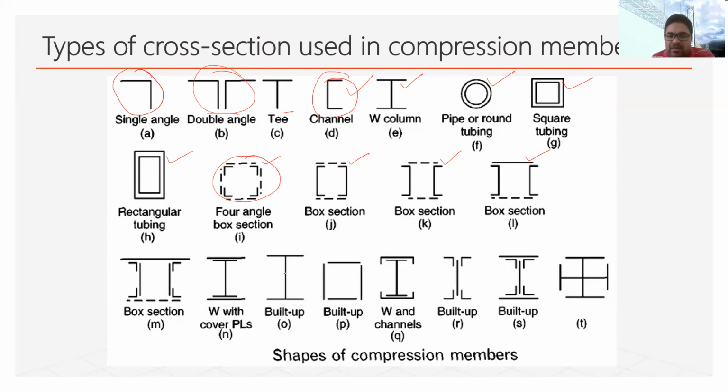If we are designing any member composed of two or more sections, then we call them built up sections, while in this case or this case, they are single sections. In case of heavy load, we generally design compression members as built up sections.